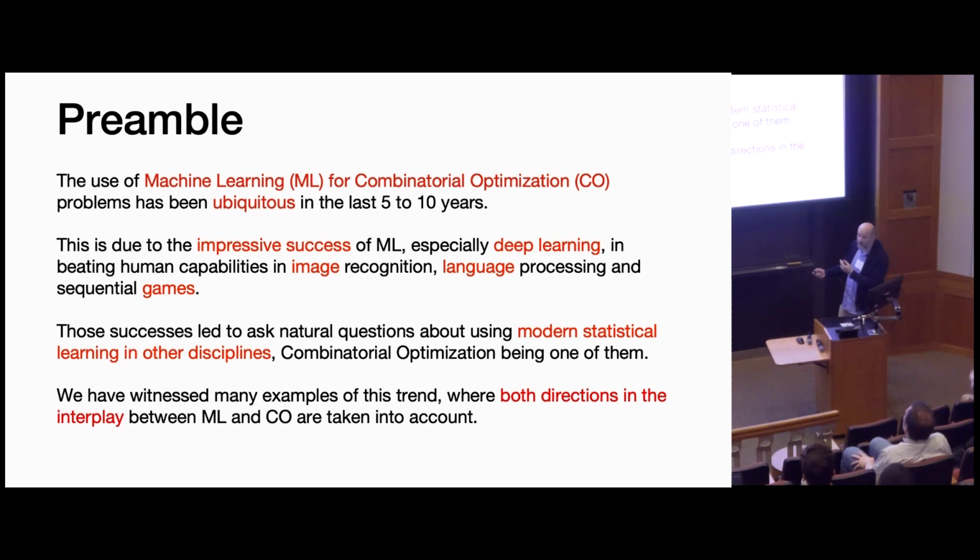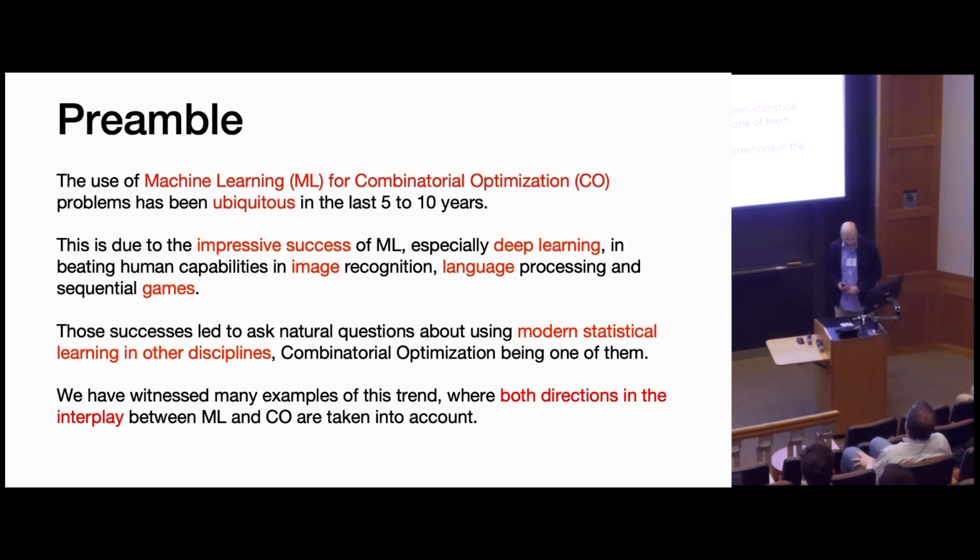Fortunately, I'm the first speaker, so I can say that machine learning's impressive success, especially with deep learning, in beating human capabilities in recent years in image recognition, language processing, and sequential games, for example, has led to the natural question of whether we could apply machine learning in other contexts and in other scientific disciplines.